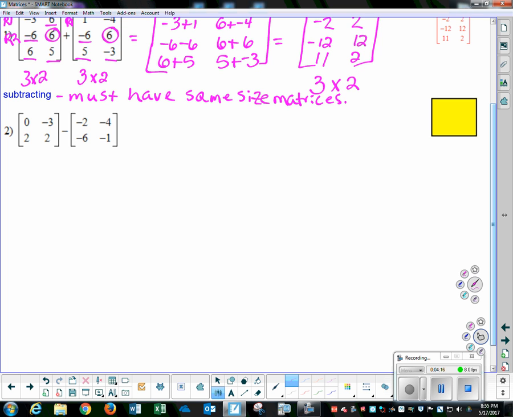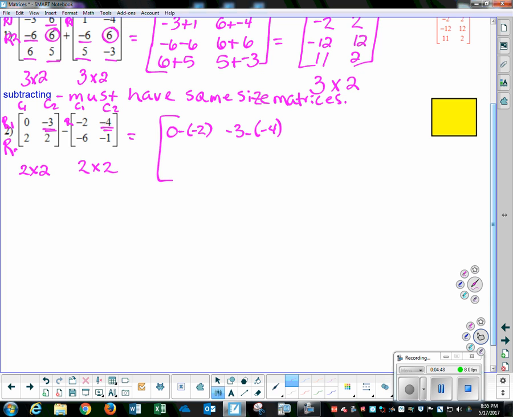So I'm just going to analyze this. Oh, it's a 2 by 2. That makes this a square matrix and another 2 by 2. So we're going to subtract these values. And once again, we're thinking row 1, column 1 with row 1, column 1. So 0 minus -2. Then row 1, column 2 with row 1, column 2, so -3 minus -4.